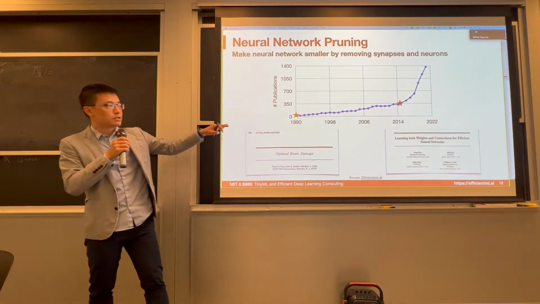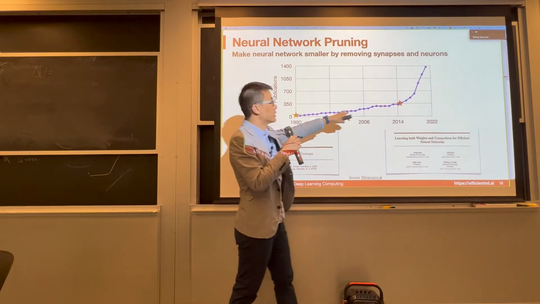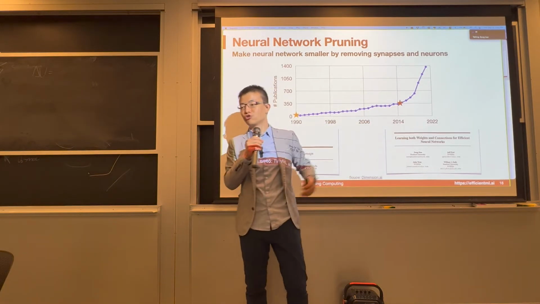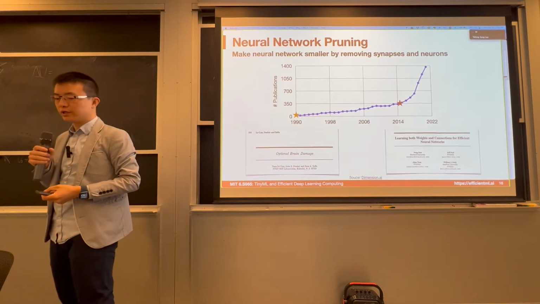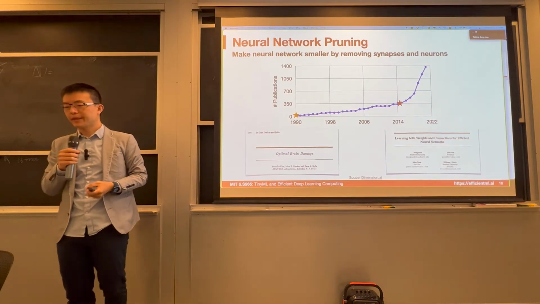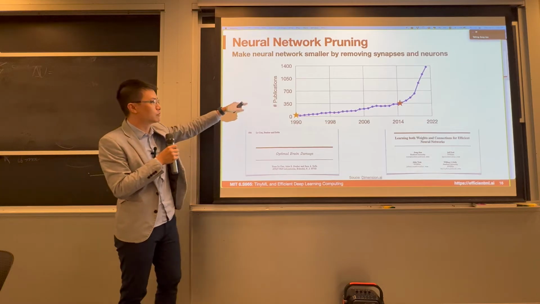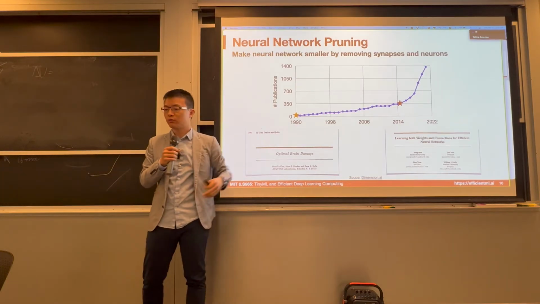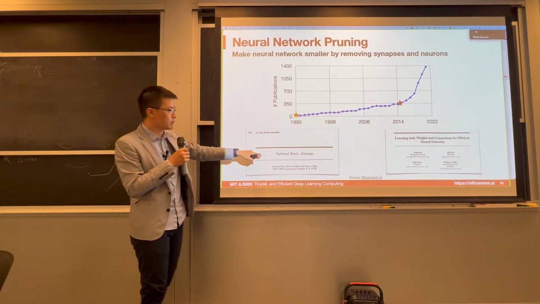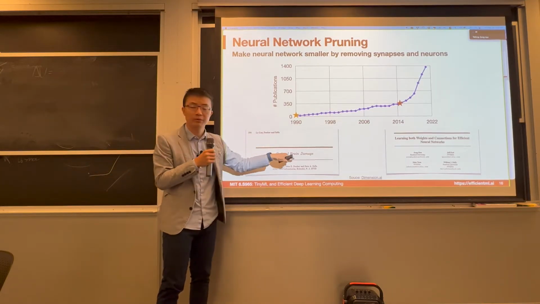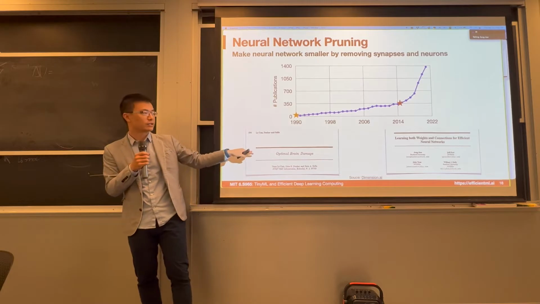So this method you can see is getting quite popular in recent years. This is showing the number of publications with respect to the number of years if you search the keyword network pruning. Initially, the earlier paper from Professor Yann LeCun called Optimal Brain Damage is from the 1990s.